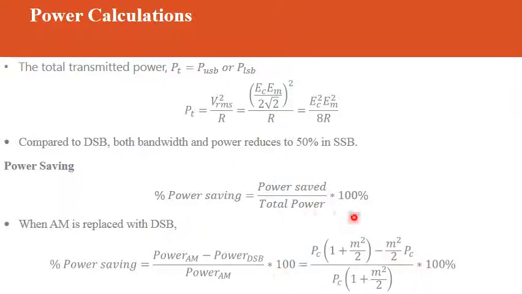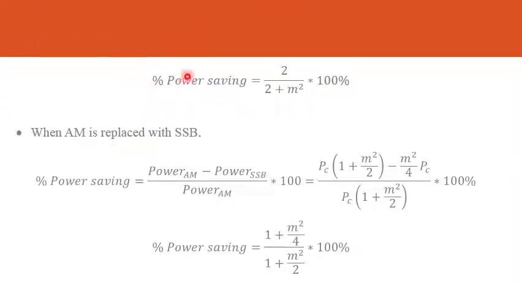So the percentage of power saving when AM is replaced with double sideband is equal to 2 divided by 2 plus m square into 100.